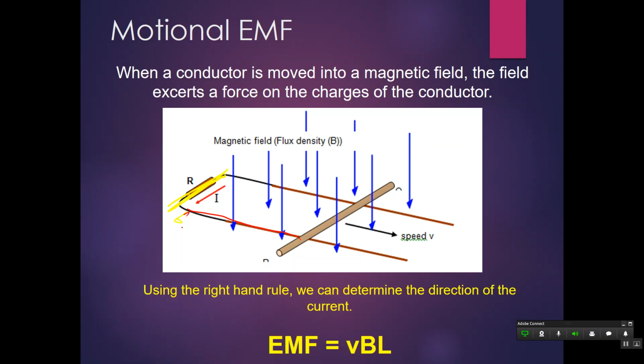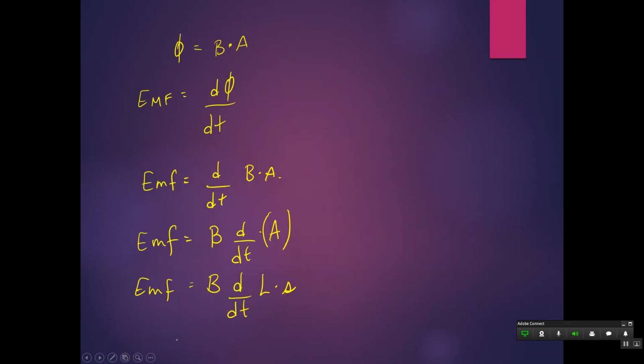This here I'm going to call S. This here I'm going to call L. So my area is going to be L times S, right? L is not changing, so I can take that in front of my derivative. So my EMF is going to be equal to B times L times dS/dt.